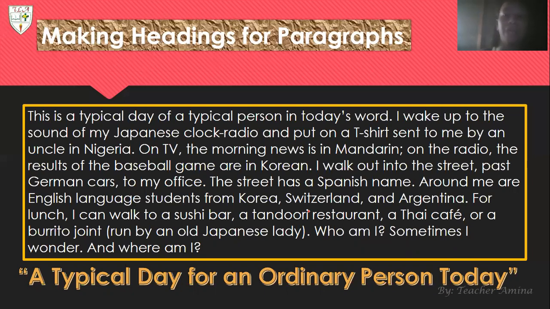So it matches. It's the appropriate one. And you can back that up from the first sentence in this paragraph: This is a typical day of a typical person in today's world.